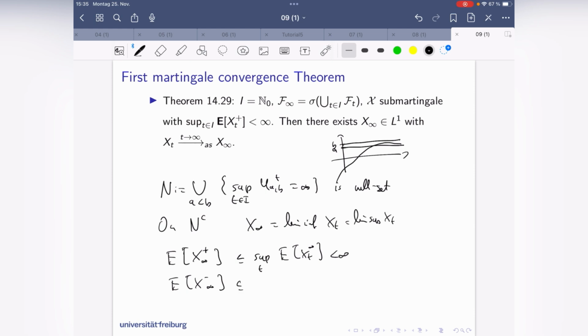That's at most, again by phi 2, lim inf expectation of xt minus, which is lim inf, and xt minus.